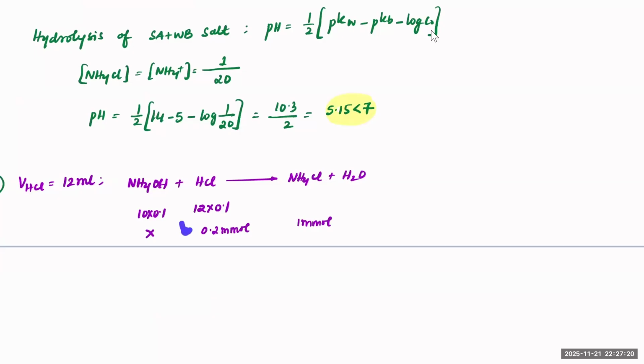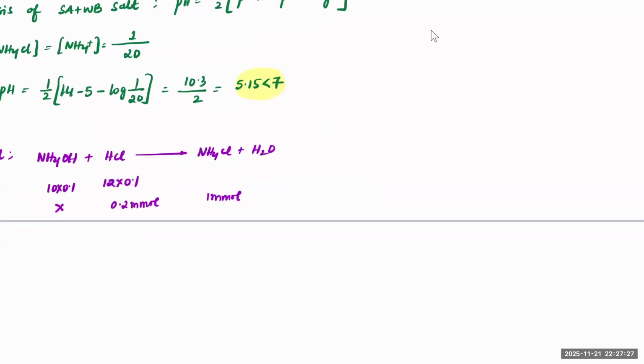And obviously, when you have an acid present, there is no salt hydrolysis we should consider. So now the pH value which you calculate will be only on the basis of HCl concentration. So HCl concentration left will be equal to 0.2 divided by total volume, which is 22, or it is 1 by 110.